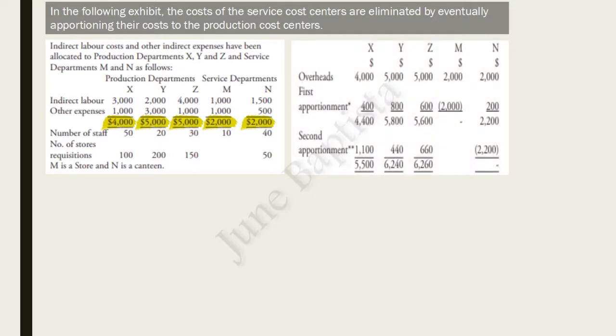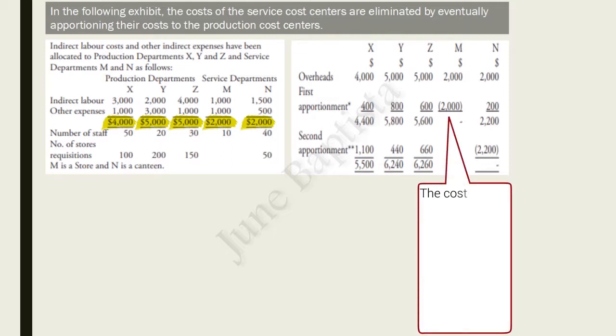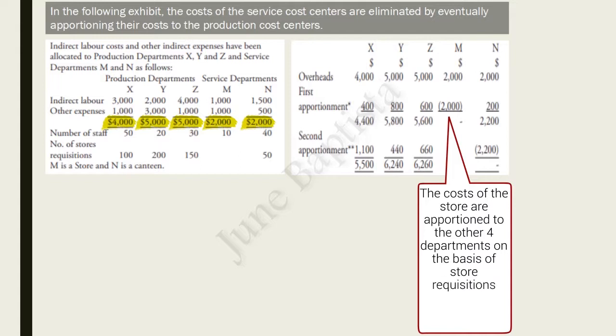Let's look at the next box. The first apportionment is to eliminate the costs of M. The costs of the store M are apportioned to the other four departments on the basis of store requisitions. That is, 100 is to 200 is to 150 is to 50. Therefore, these costs of $2,000 are eliminated.